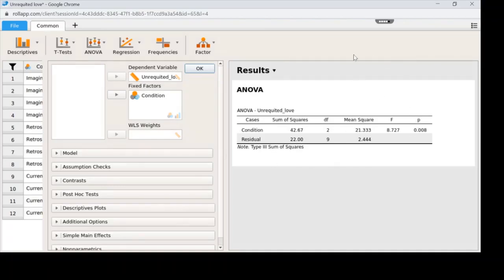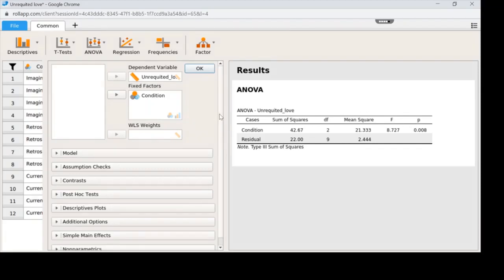This is our omnibus test results. Because this is significant, we can do post hoc. If this were not significant, let's say the p-value was 0.8, then we would stop here and do no more. But it is significant, so we can run our post hoc test. If you don't remember how to interpret this p-value, go back to the video that I have for p-values.